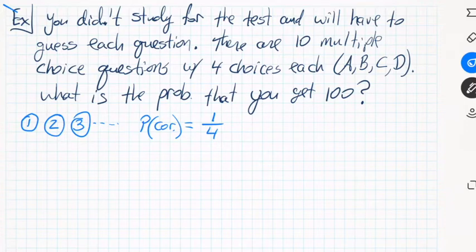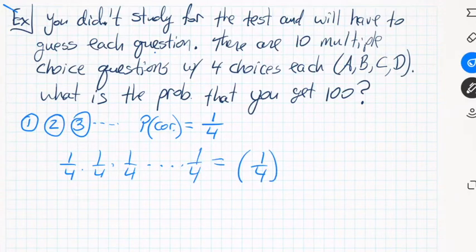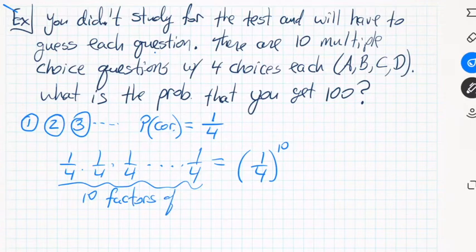So that means the probability of each question is going to be 1/4. So then that turns into 1/4 times 1/4 times 1/4, and you're going to have 10 of these 1/4s. That's the same thing as 1/4 raised to the 10th power. These 10 factors of 1/4 is the same thing as 1/4 raised to the 10th power.